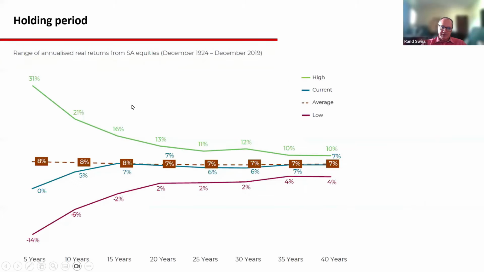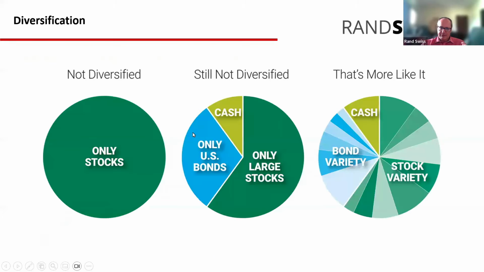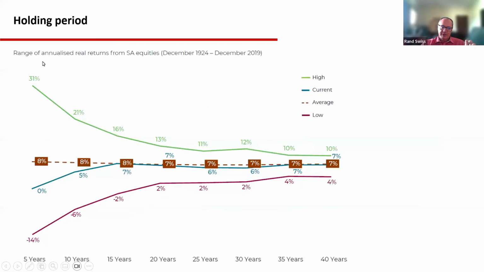Okay, so diversification is one thing. Just back to the holding period thing. So this is for almost 40 years, and it just shows you that volatility visually now.